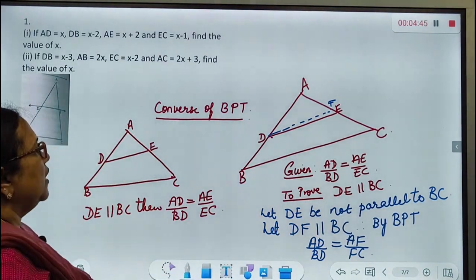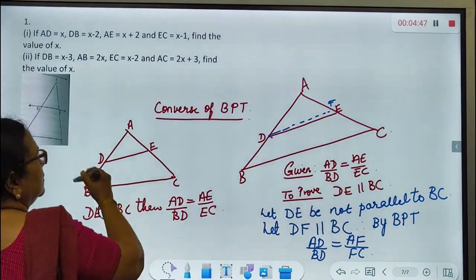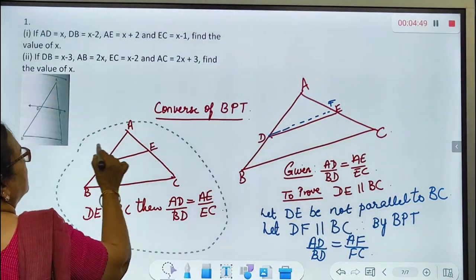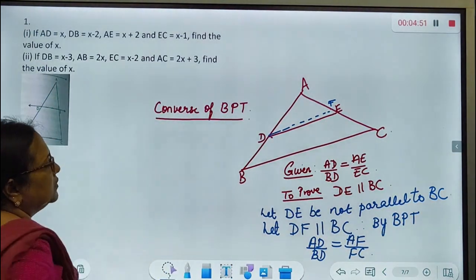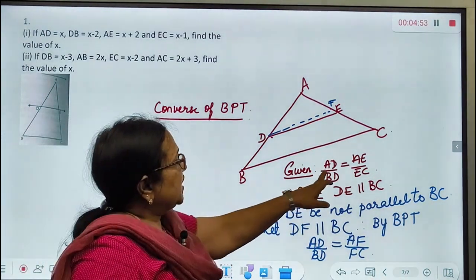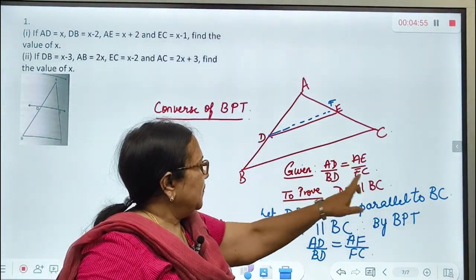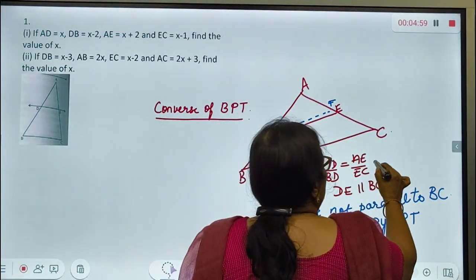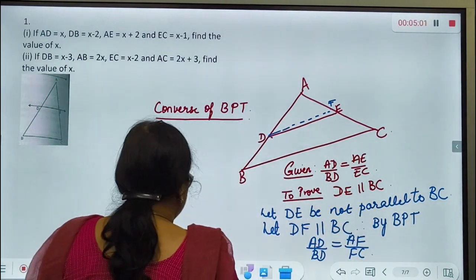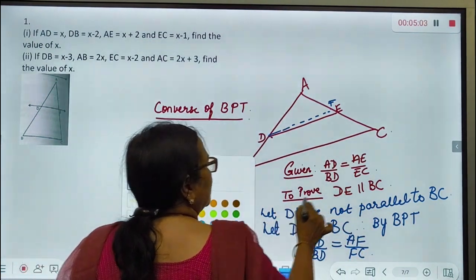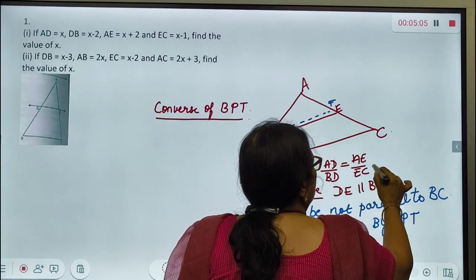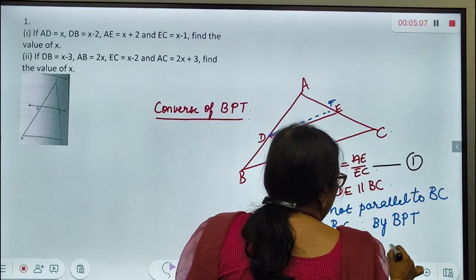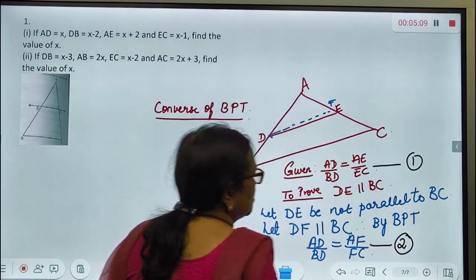Now, what is given? AD by BD is AE by EC. We have got AD by BD equal to AF by FC. What is given, I will mark as 1. What we have obtained, I will mark as 2.